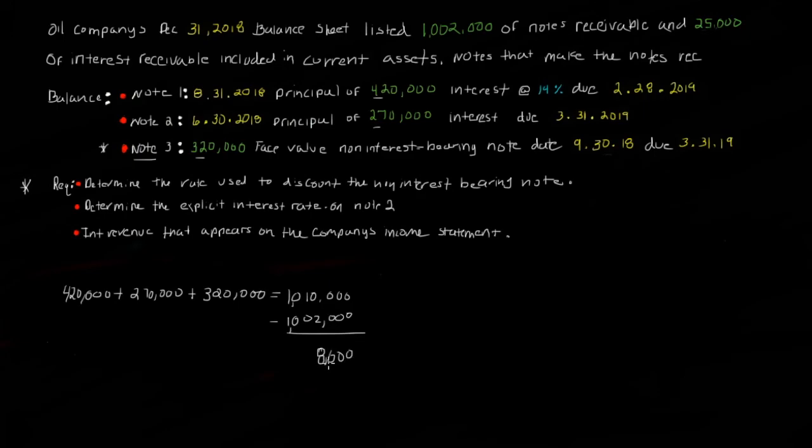This is not the answer because I'm going to do a little visual real quick because this helps me. Hopefully it'll help you all, if you haven't seen this concept before. So we're going to look at the dates of these notes here. We have 9/30 and 3/31.